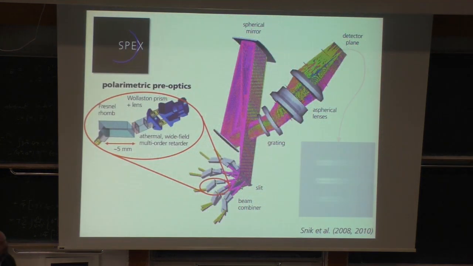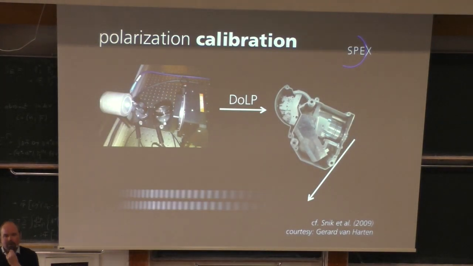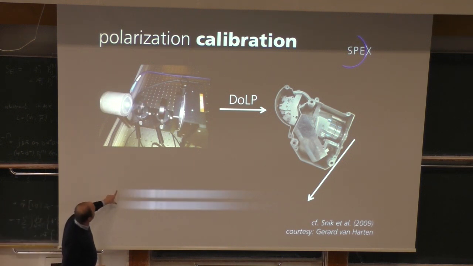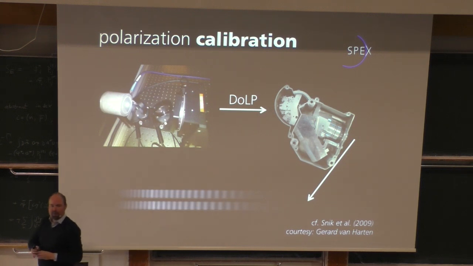I'm not going to go into detail, but it's basically a classic spectrometer. In front of this, there's a number of fingers that look in different directions at the same time. And for every direction, we measure polarization. The way we measure that is very special because we hide the polarization information in the spectrum. So for every viewing direction, you get this big sine curve on top of the spectrum.